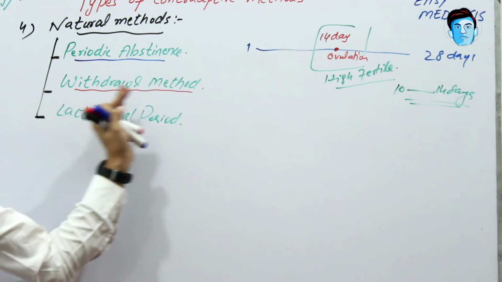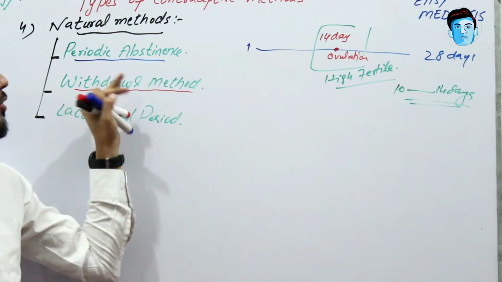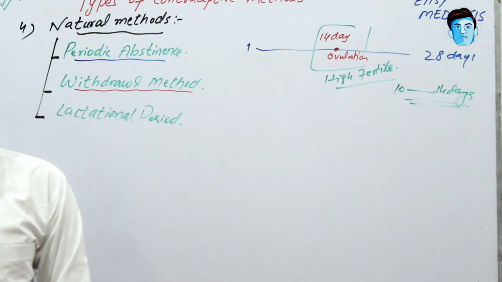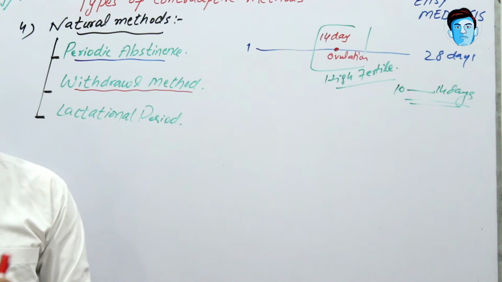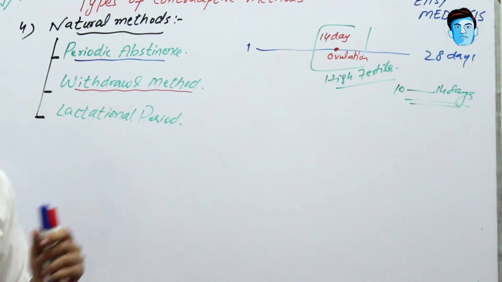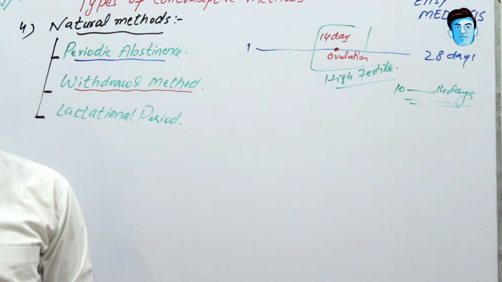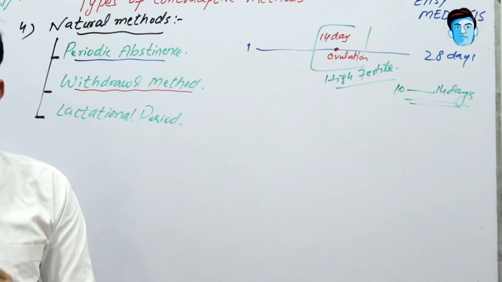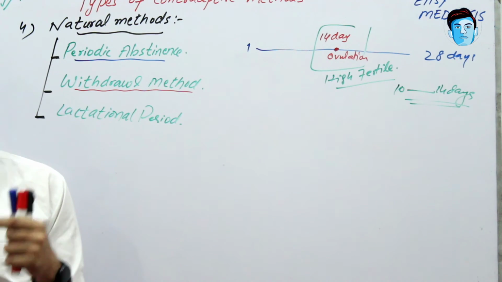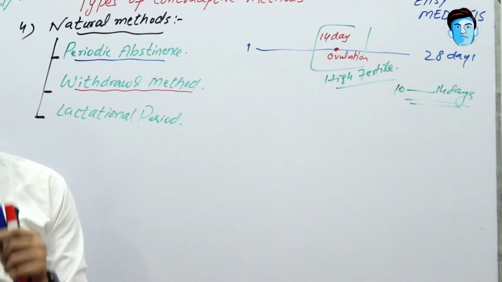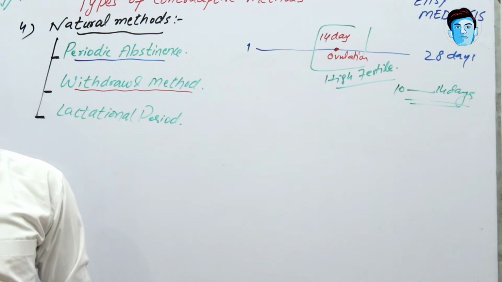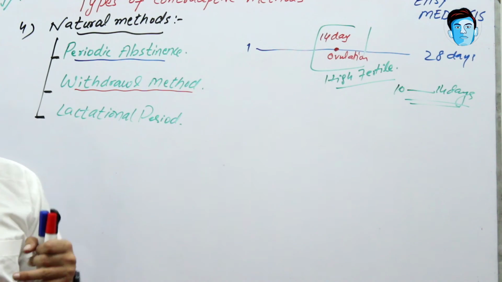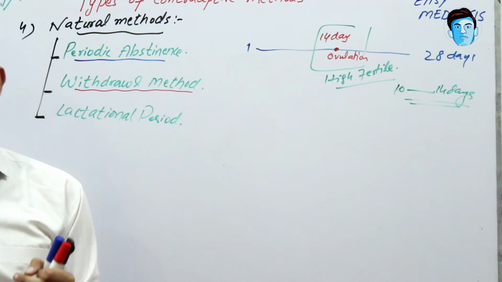This is what we call periodic abstinence. On the other hand, withdrawal means to take out. As you know, the penis is the copulatory organ in the male, while the vagina is the organ that collects sperm. At the time of ejaculation, the male withdraws the penis from the vagina and releases the sperm outside the female body.